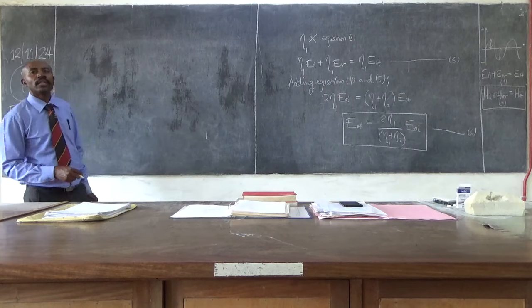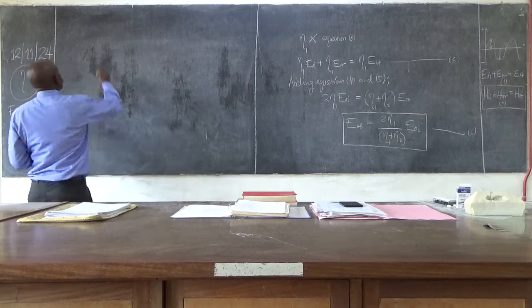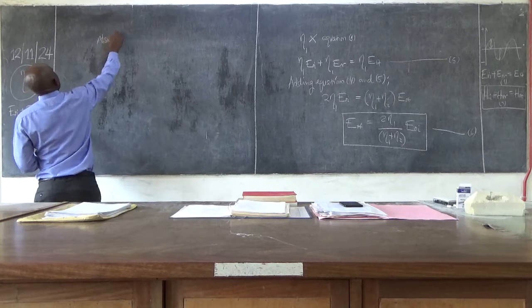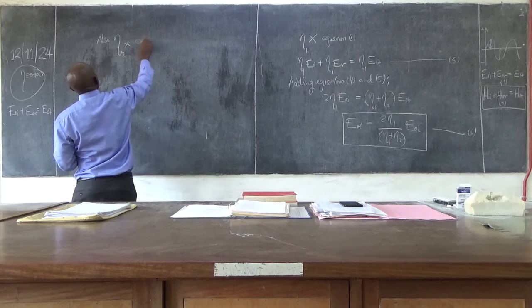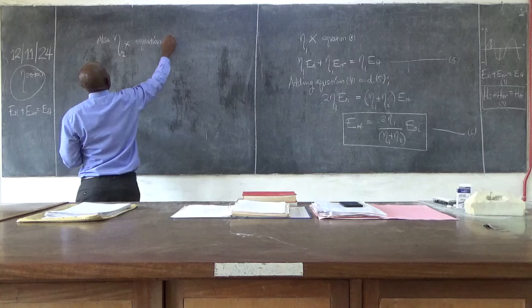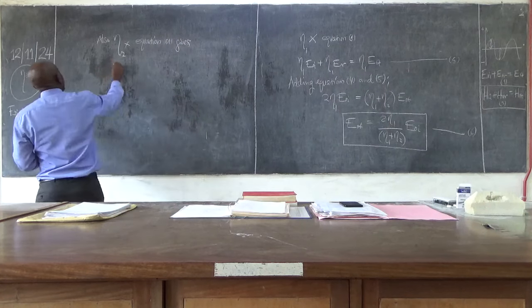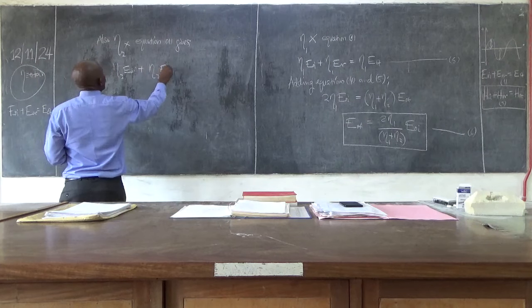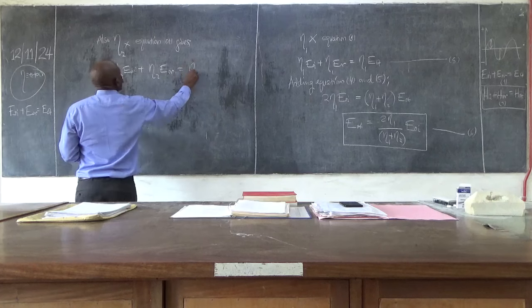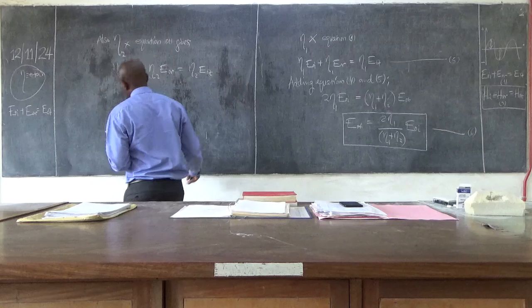E naught T over E naught I, we get the transmission coefficient. Also, eta 2 multiplied by equation 1 gives eta 2 E naught I plus eta 2 E naught R equals eta 2 E naught T. This is equation 7.